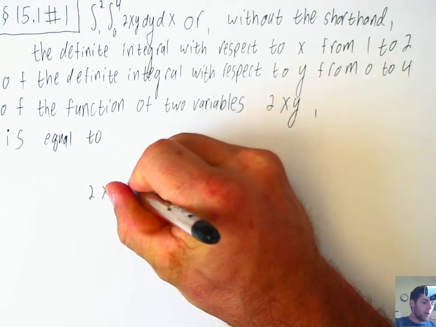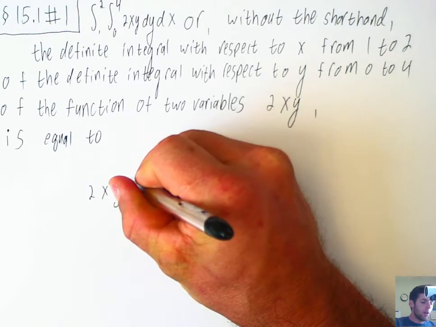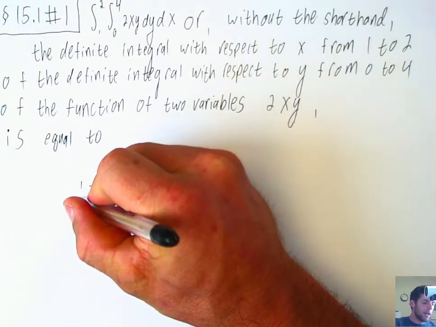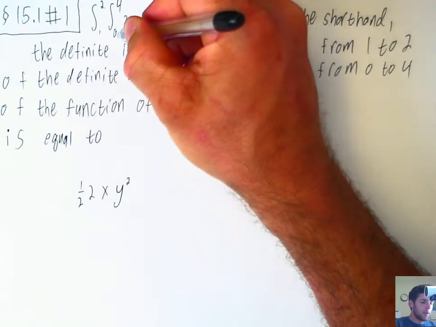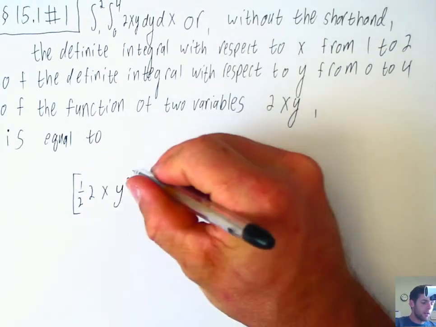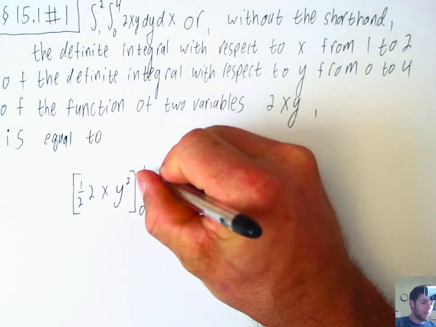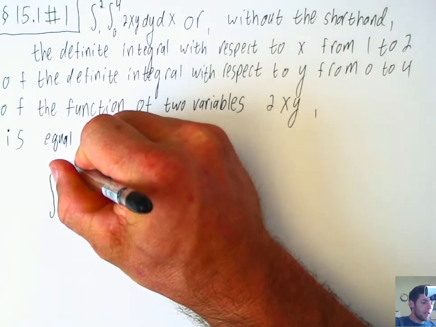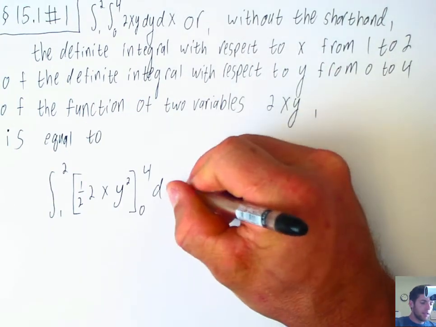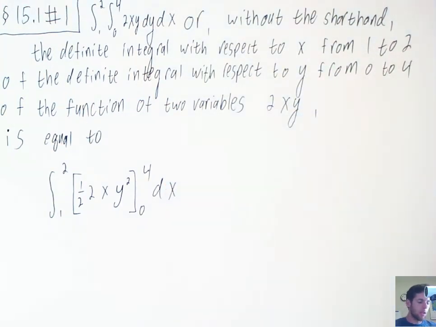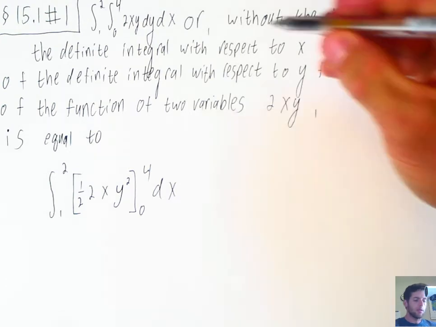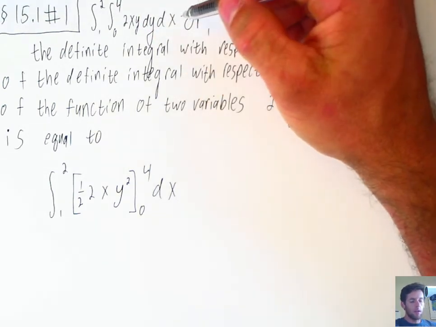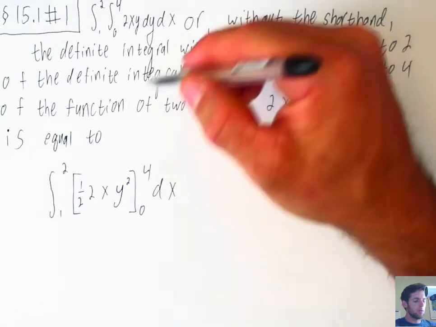Antiderivative of y with respect to y is y squared with a 1/2. And I'm meant to evaluate that between 0 and 4 following the fundamental theorem of calculus. And I still have an integral with respect to x from 1 to 2 yet to perform. Okay, so this double integral is equal to this.